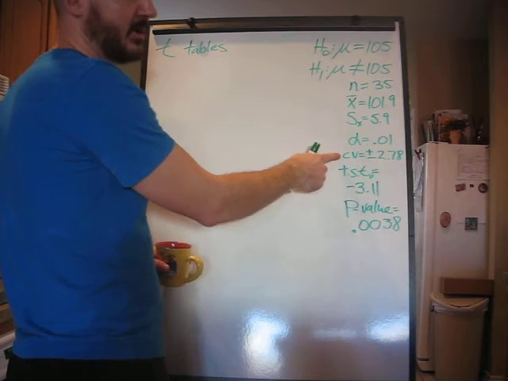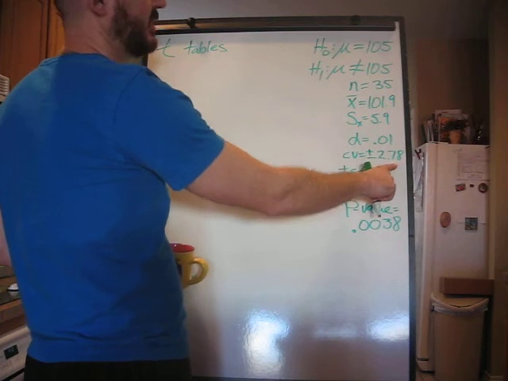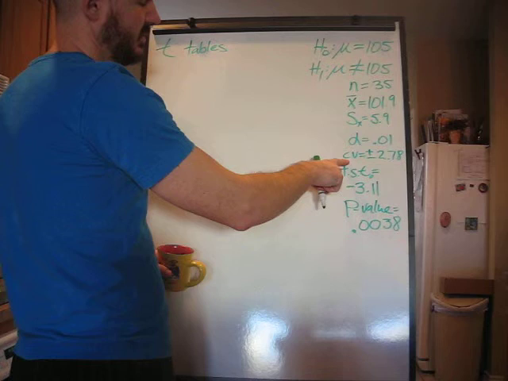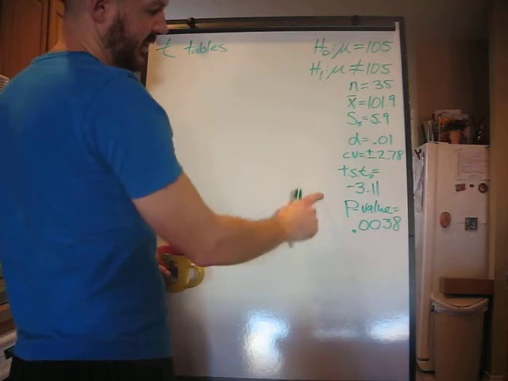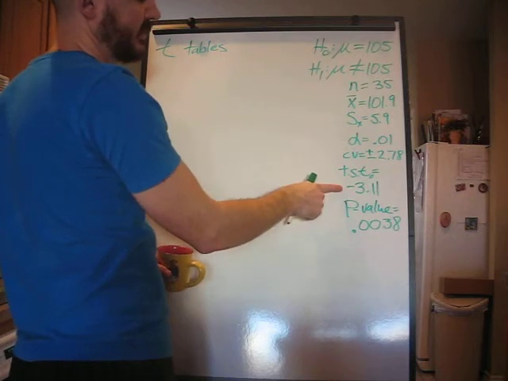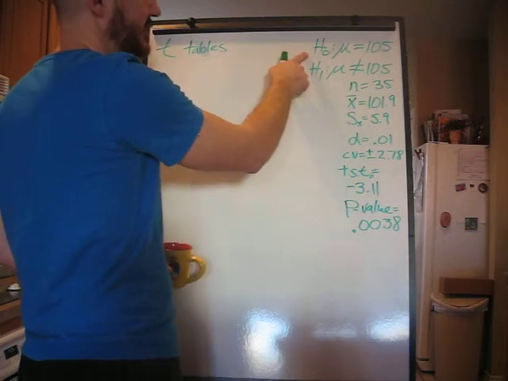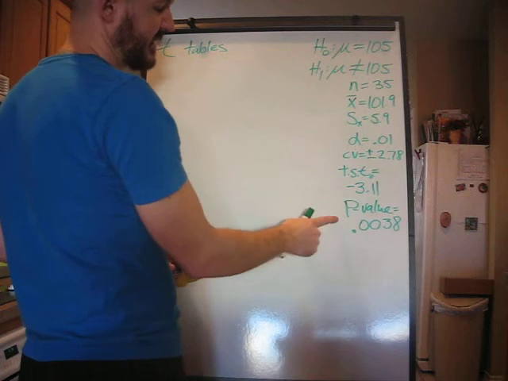Anything over positive 2.78 or under negative 2.78 falls into the critical region, which will reject H naught. Our test statistic is negative 3.11, which is less than negative 2.78, so we will be rejecting H naught.